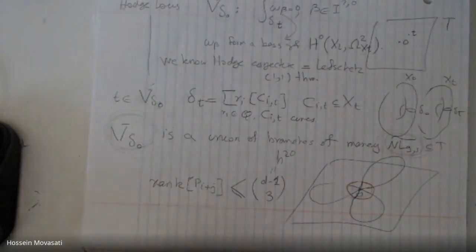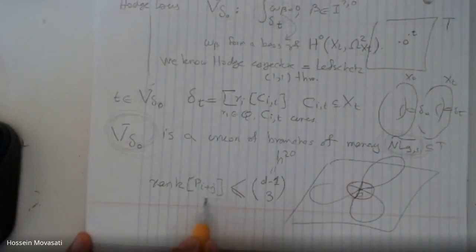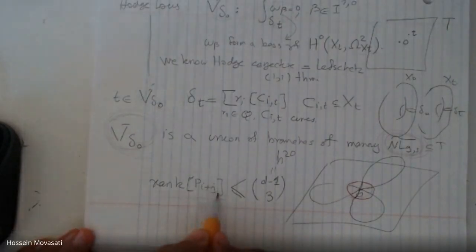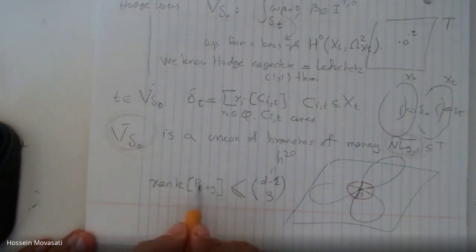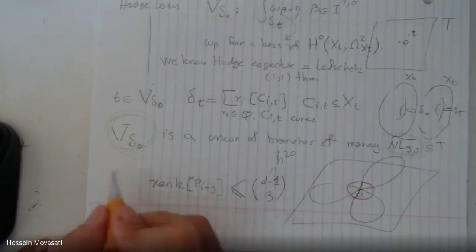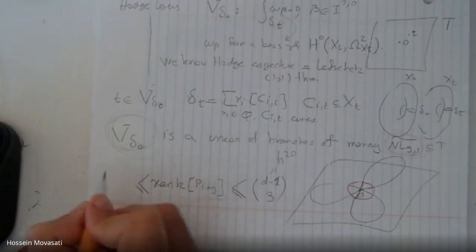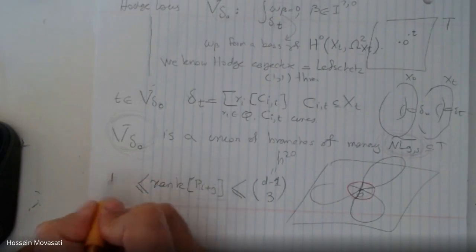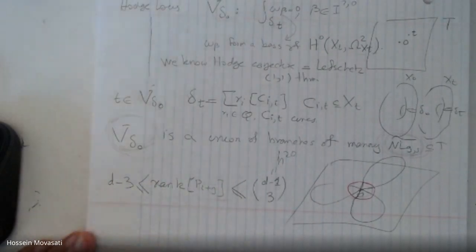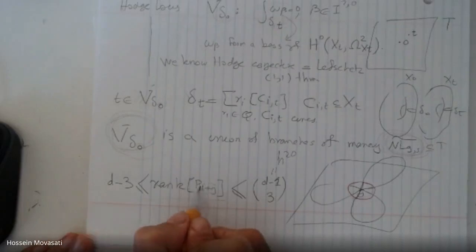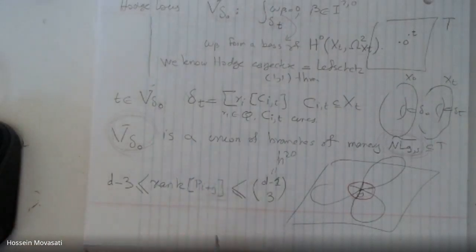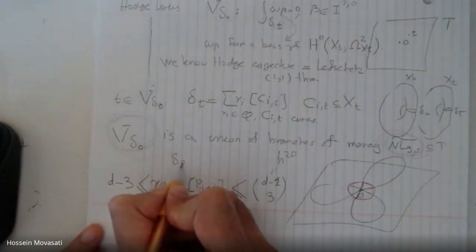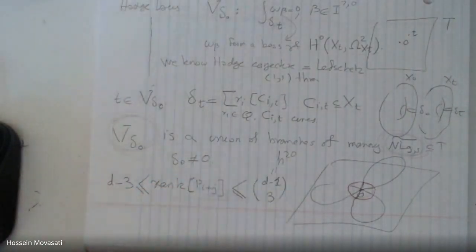And again, in the last lecture, I showed an elementary argument, without really looking at what the polynomials Pi G are, that this rank will always be bigger than d minus 3, assuming that this matrix is not identically zero, and let's say assuming that delta 0 is not a zero cycle.